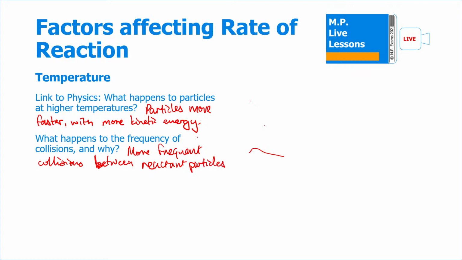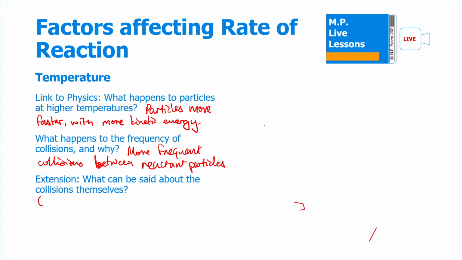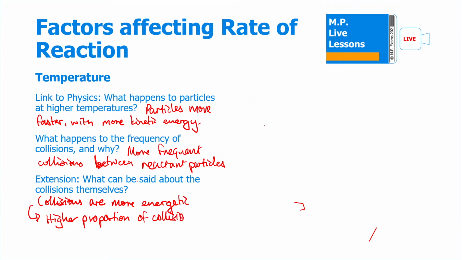But also you can say something else for temperature. You could even say that these collisions themselves are more energetic. So the collisions are more energetic. You could even say, if you want to show off, that a higher proportion of collisions have more energy than the activation energy.